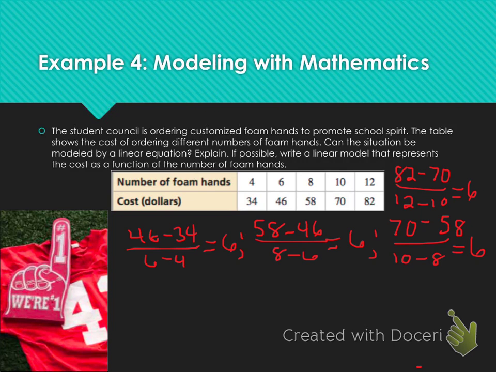If I try that with each of these points, I am still going to get that the rate of change, or the slope, is 6. So that means that since the rate of change is constant, the data is linear. So we're going to use the point-slope form to write an equation that represents the data.